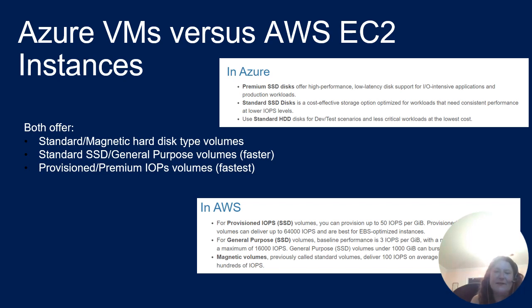That's basically different types of storage attached to your EC2 instance or your virtual machine, depending on which cloud you're in. But they all offer these different options. They have different names for them, and sometimes different names equate to different numbers. But pretty much they're the same thing, in Google Cloud as well as in Azure and AWS.